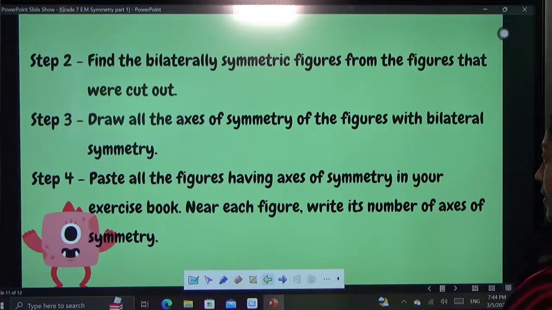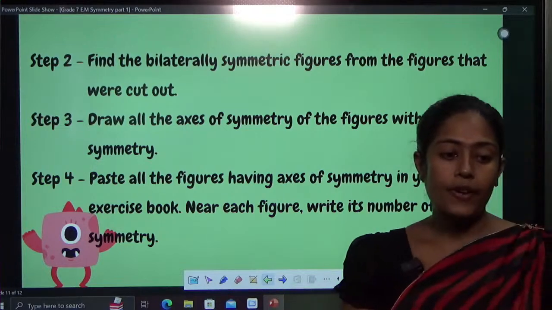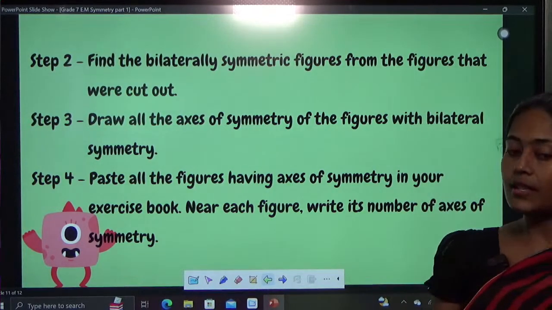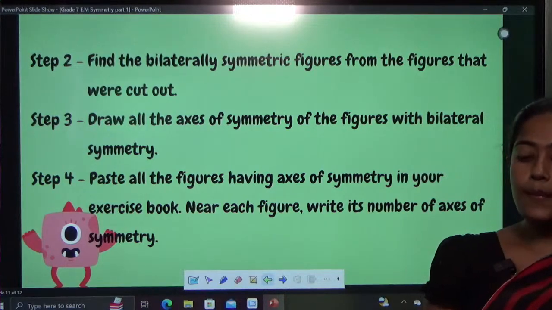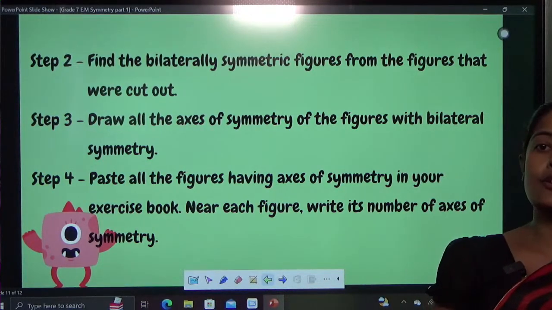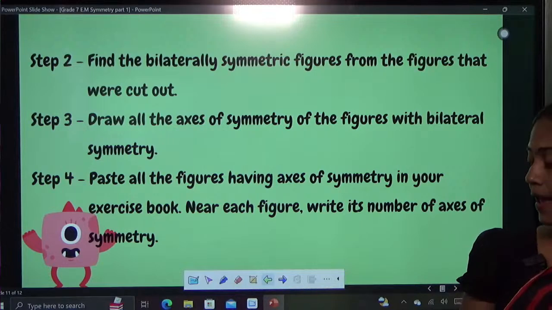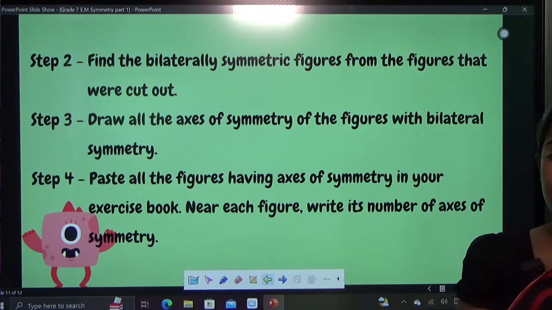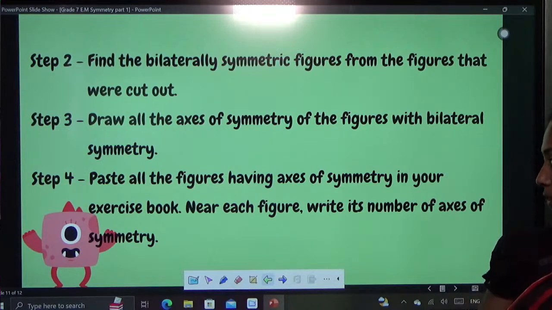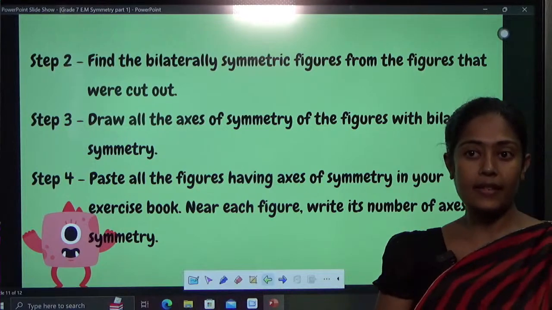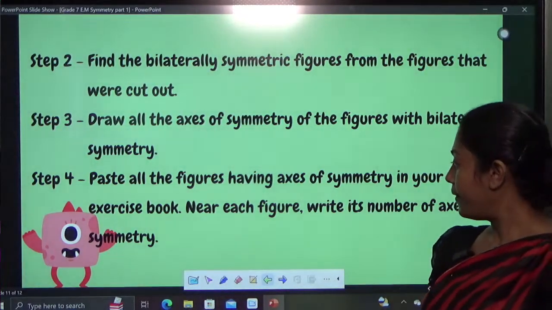Near each figure, write its number of axes of symmetry. Right. I think you can understand the activity, right.